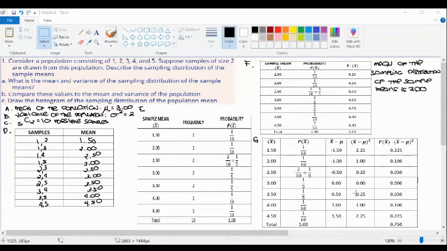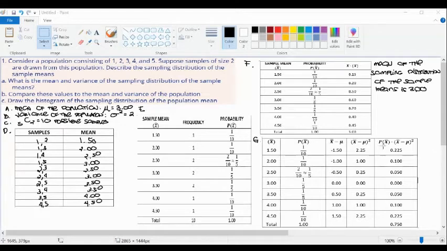So next step, we're going to square the difference. So here, sample mean minus your population mean raised to 2. So your sample mean, we already have the difference, negative 1.50 raised to 2. That will give you an answer of 2.25. Same that you're going to do for the rest of the sample means. And then for the third step, we're going to multiply the results by the corresponding probability.